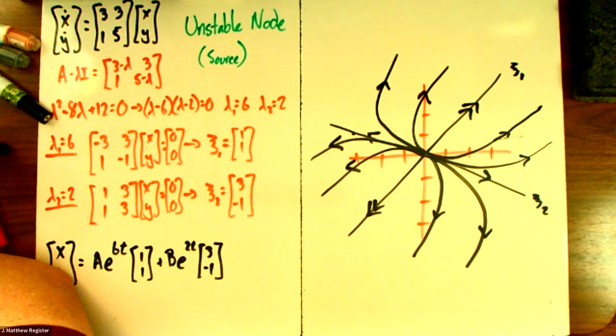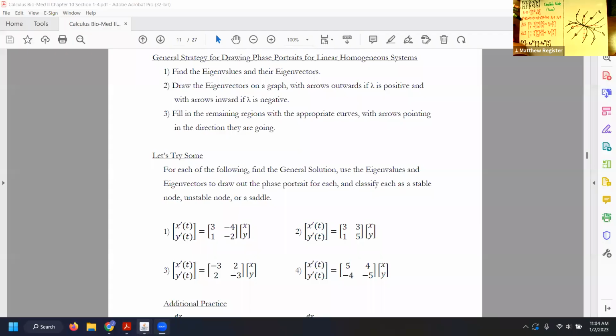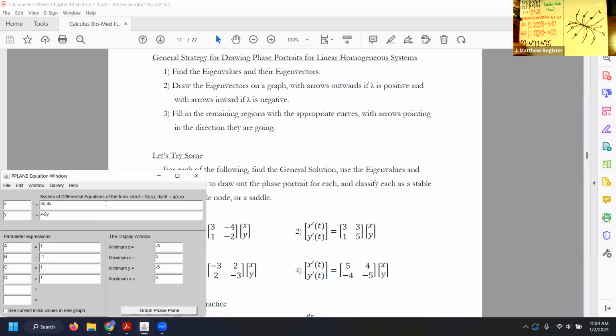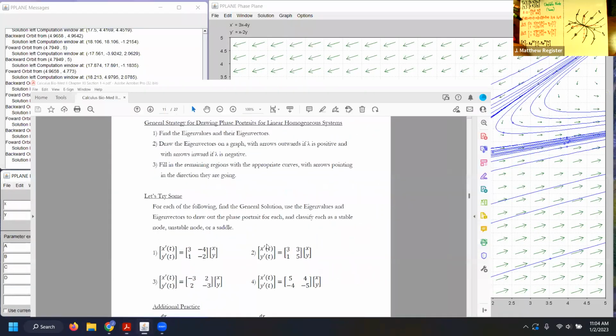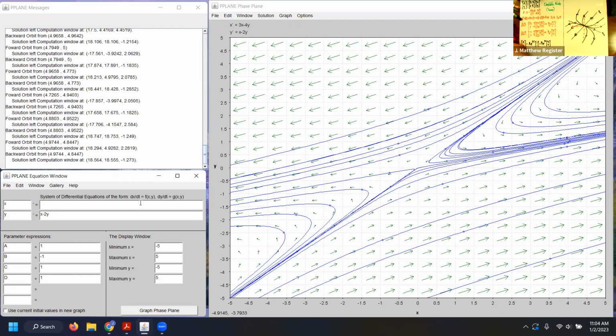If we want, we can verify it. Let's see if we can put this one into p-plane. Probably won't put them all into p-plane, but it's good to verify at least a couple. Oh, and let's minimize this so that we can see it. And so we are dealing with 3x plus 3y. We are dealing with x plus 5y.